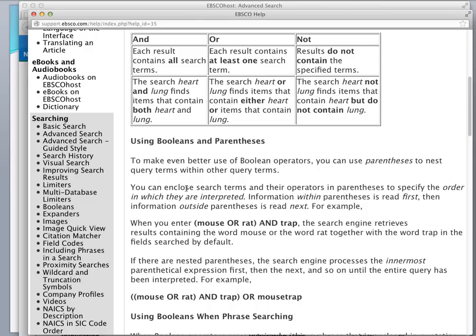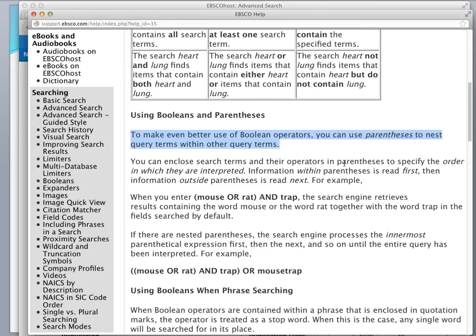And here it says, to make even better use of Boolean operators, you can use parentheses to nest query terms within other query terms. You can enclose search terms and their operators in parentheses to specify the order in which they are interpreted.